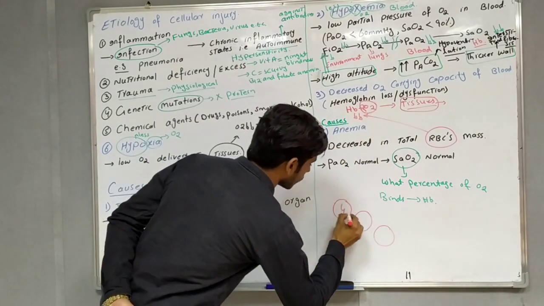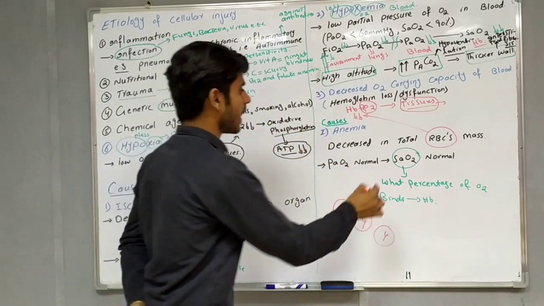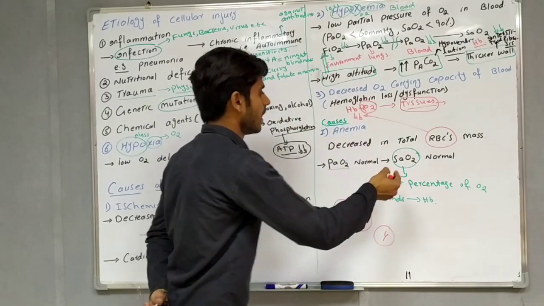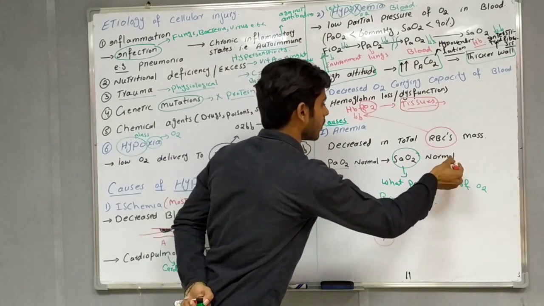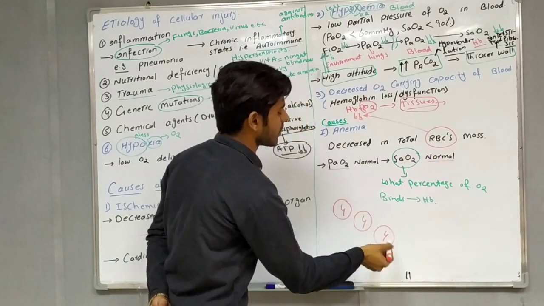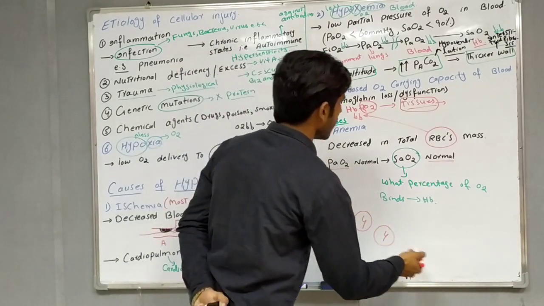So SaO2 is normal. PO2 was already normal because FiO2 is normal. Each hemoglobin is carrying 4 atoms, which is the normal case, so the concentration of oxygen in each hemoglobin is normal.